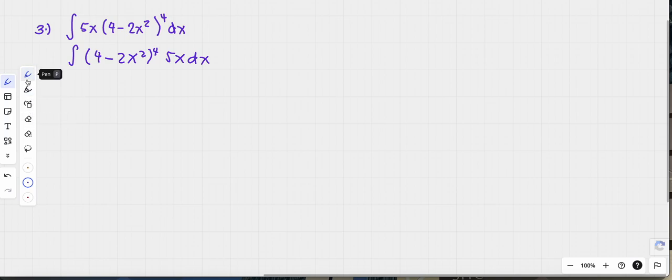Okay, so if we set u as 4 minus 2x squared, now differentiate. What is the derivative of 4 minus 2x squared? So 0 minus 2 times 2 is 4x dx. Now going back to your original integral, do you have negative 4x dx?